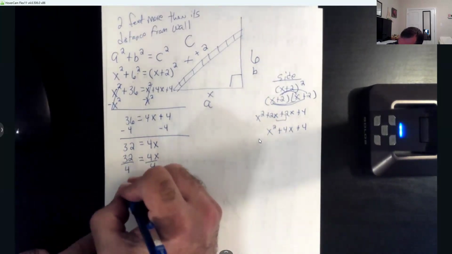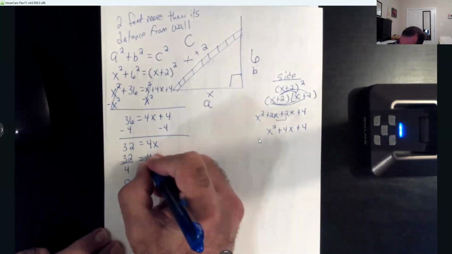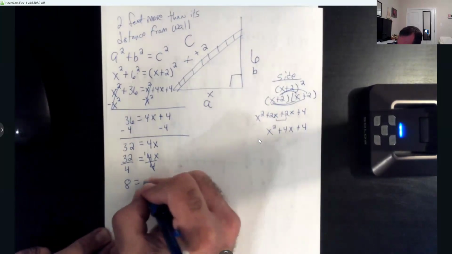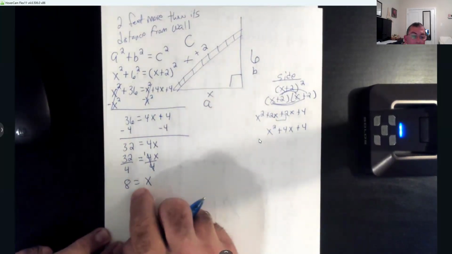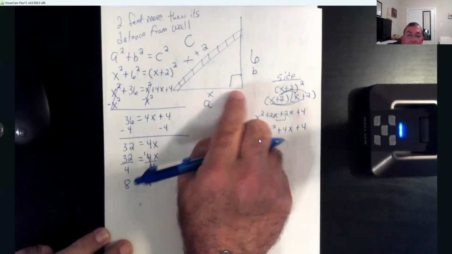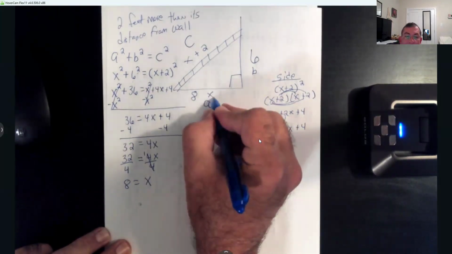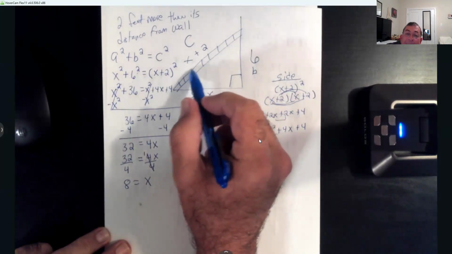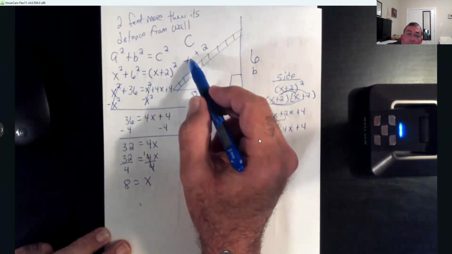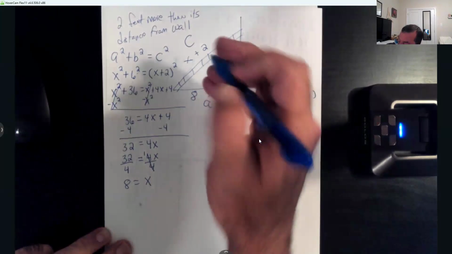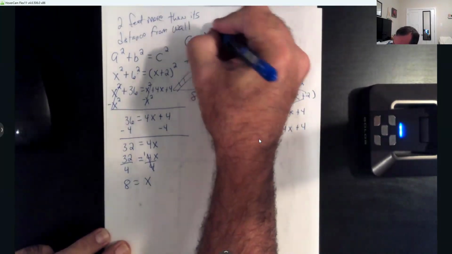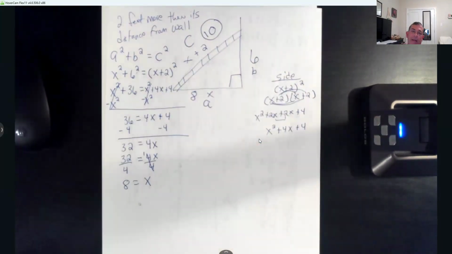So 32 divided by 4 gives me 8. 4 divided by 4 makes that a 1x. All right, y'all. The distance from the wall is 8 because that's what my x is. The ladder is going to be the 8 plus 2, which gives me 10.